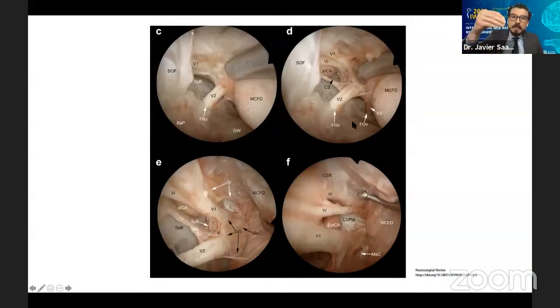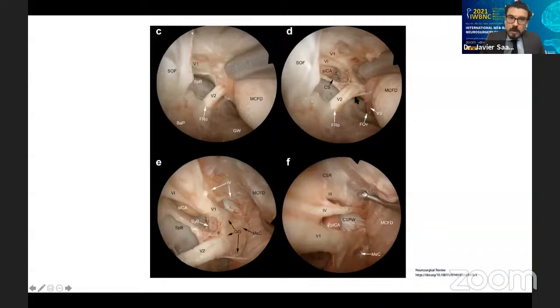If you keep going behind, whether you stay extradural or go interdural, you will get access to the other branches of the trigeminal nerve. You can see here the ophthalmic nerve and the abducent nerve, and you will have access to the lateral wall of the cavernous sinus. Even if you go behind that, you will get access to the foramen ovale.